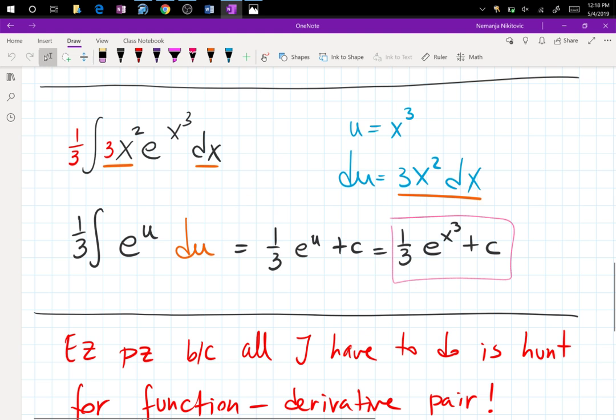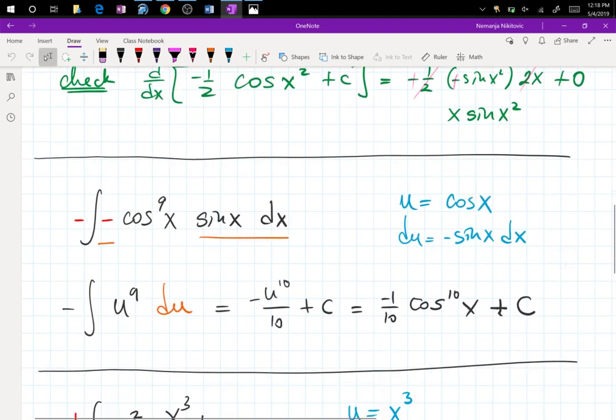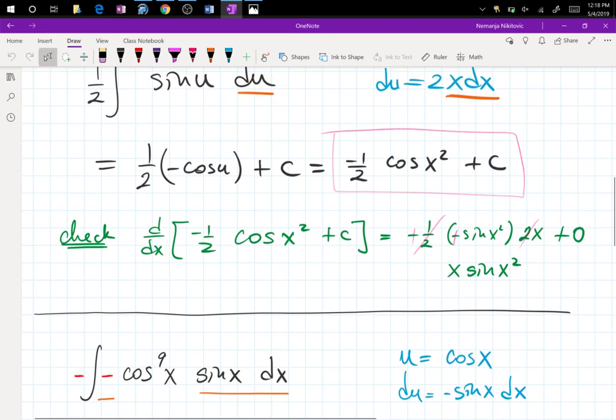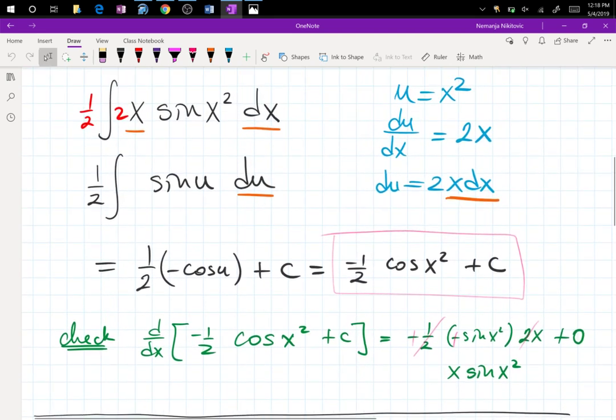And in other problems, all of the functions go away. Like this problem. You see that both cosine and sine went away because I picked cosine to be u, and that was raised to the 9 power. So cosine to the 9 now becomes u to the 9, and the sine was in the derivative, so that went and was absorbed by du, and there were no cosines and sines. But the problem right before that one, sine stayed in the problem because, again, it was the game of x's.